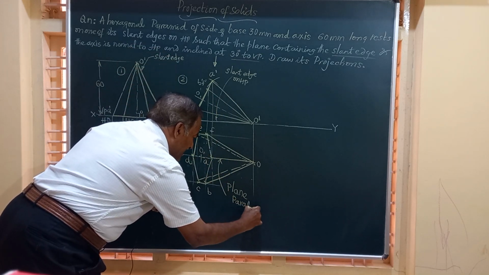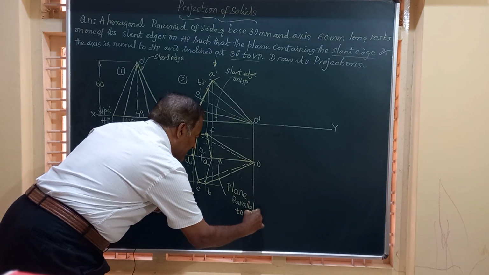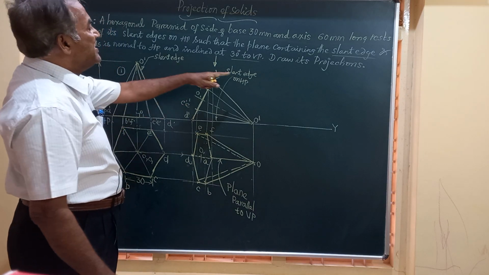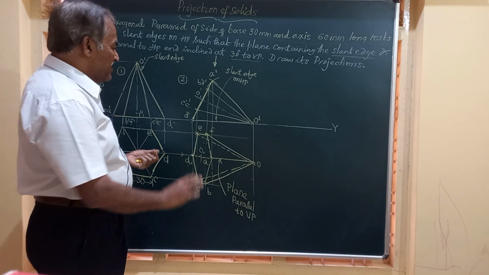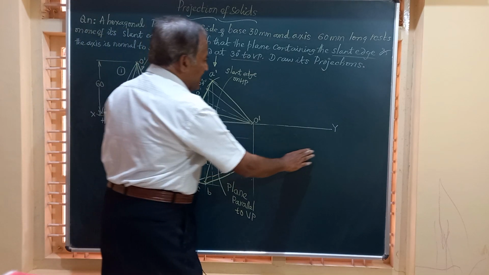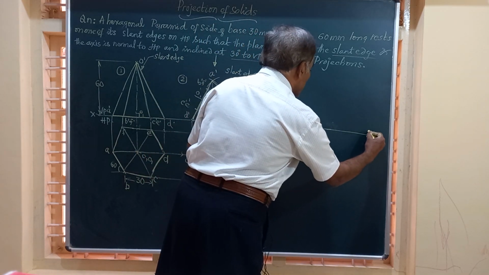It is parallel right now. But it has to be at an angle of how much? 30 degrees to VP. Friends, now we are left with copying down this figure and redrawing it at an angle of 30 degrees to horizontal.